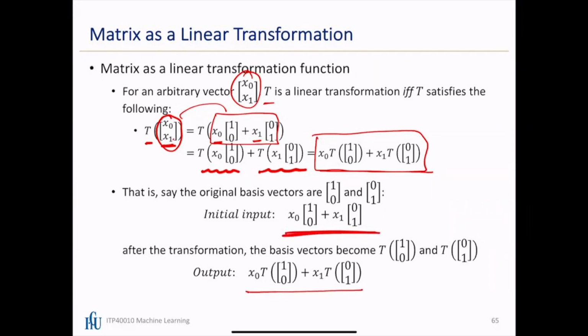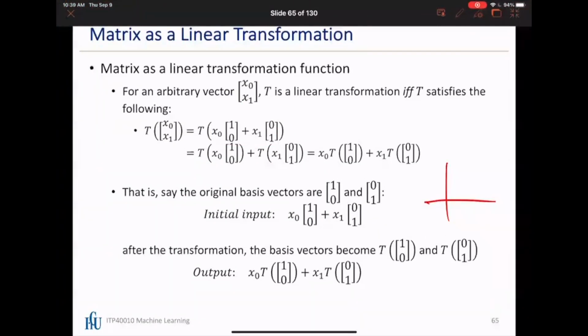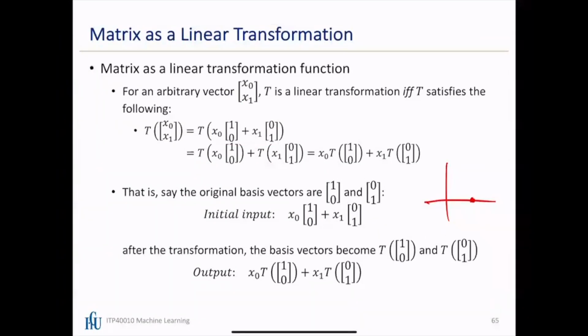Now let's try to understand this in the Cartesian coordinate system, where (1, 0) is here and (0, 1) is here, and they are meeting at 90 degrees, and they are unit vectors, right?